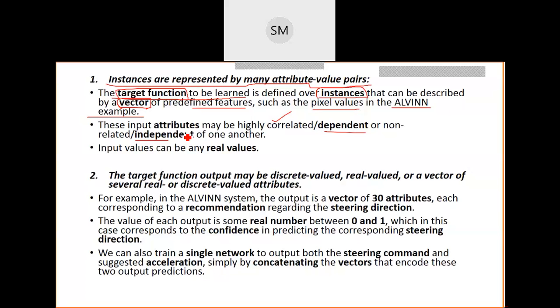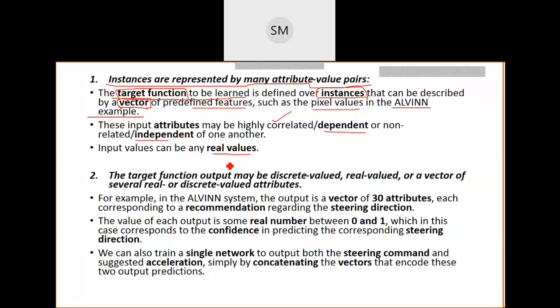So any input attributes we give to our artificial neural network may be dependent as well as independent. It is based on the nature of our problem. These input values can be any real values, like our camera input, that is pixels.